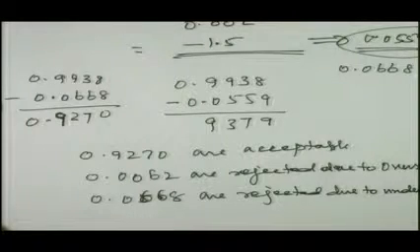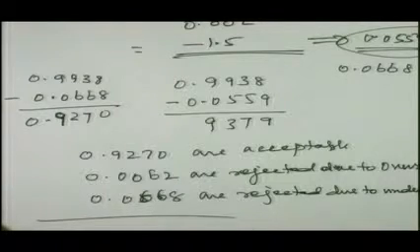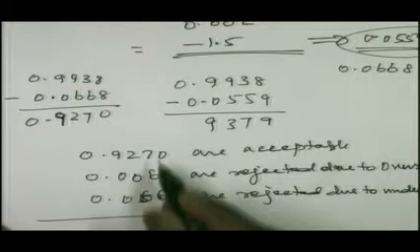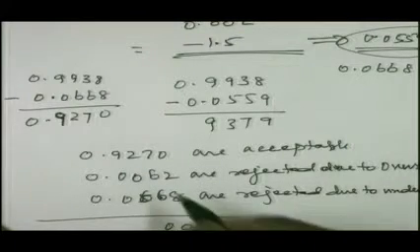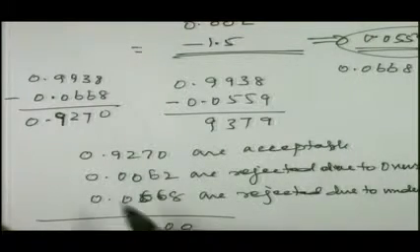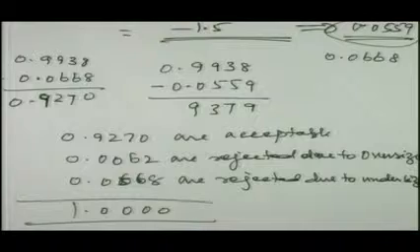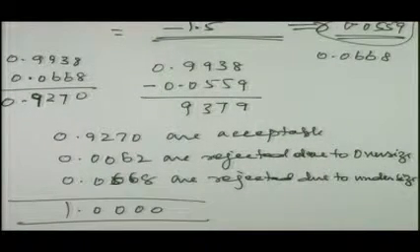All right. Total, if you add up all this together, this should be 1. So we are telling that 0.927 are acceptable, 0.0062 are rejected due to oversize, and 0.0668 are rejected due to undersize.